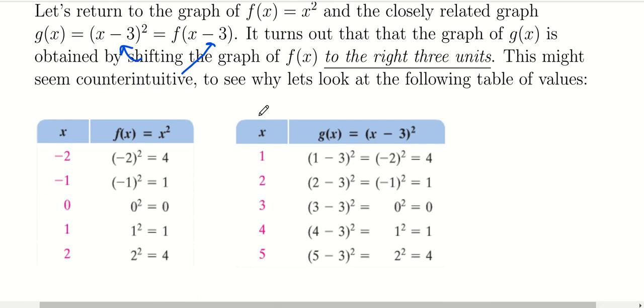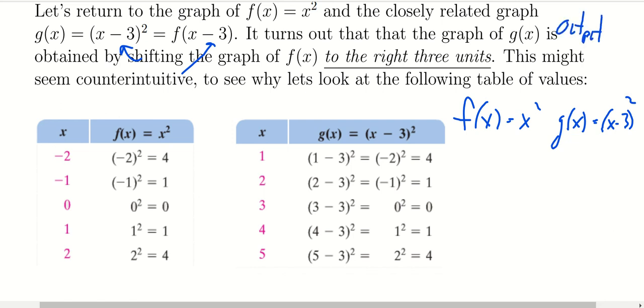Okay. To consider why that's the case, let's compare not the graph, but the functions f of x and g of x. And let's suppose that I want to get the output value of 0. If I want to get an output of 0 for f, then pretty easily we can say, oh, I know if I plug 0 into this function, I get out 0.